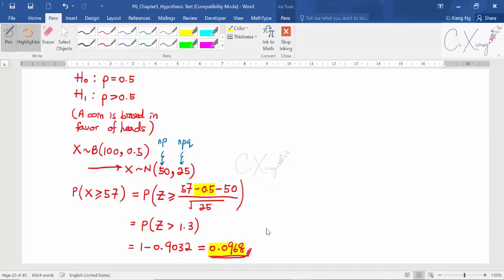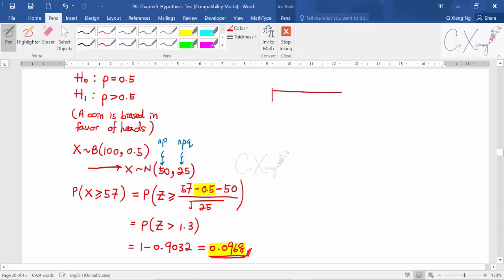Okay, all right, so after I get my p-value, I want to compare it with the diagram, to see whether it is in the rejection region or acceptance region. Previously in binomial distribution, you just draw a bar chart like that.